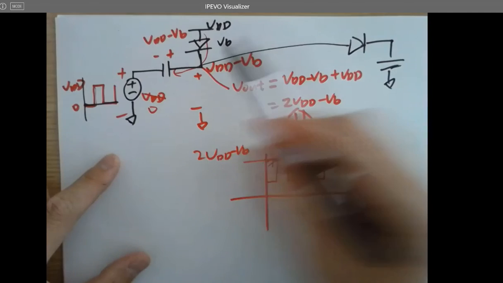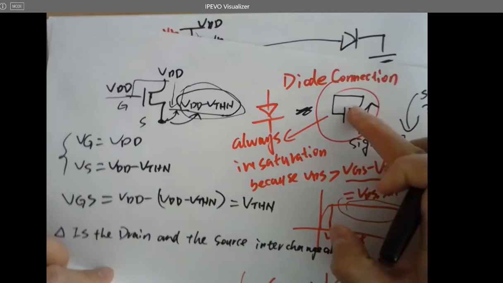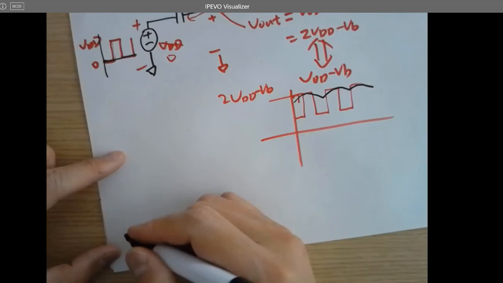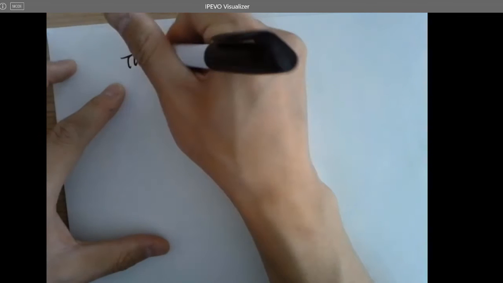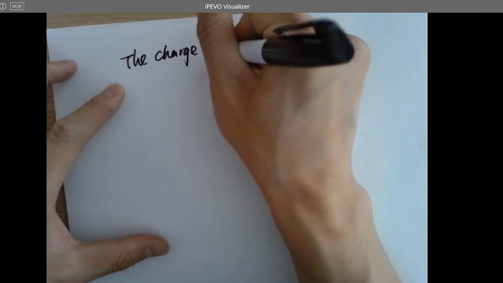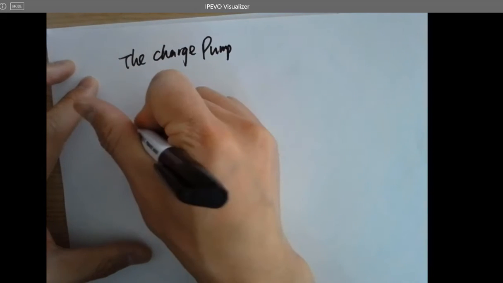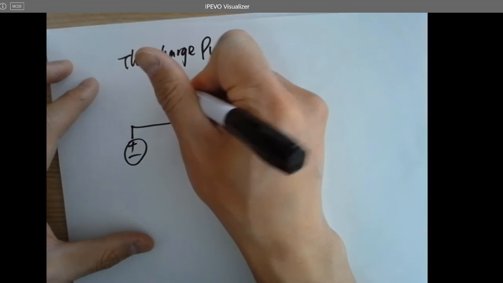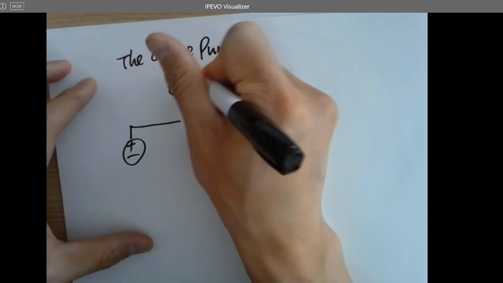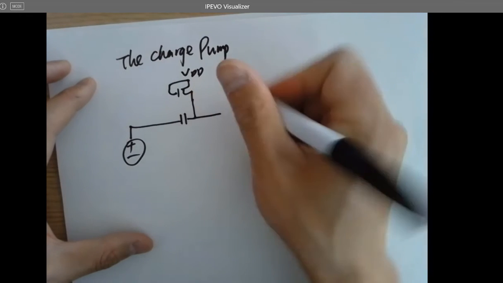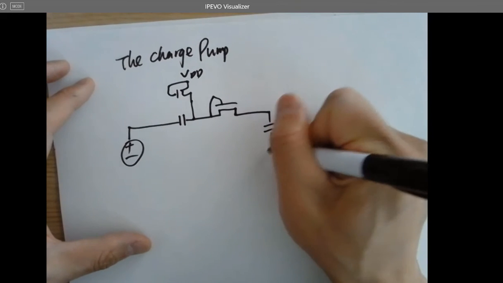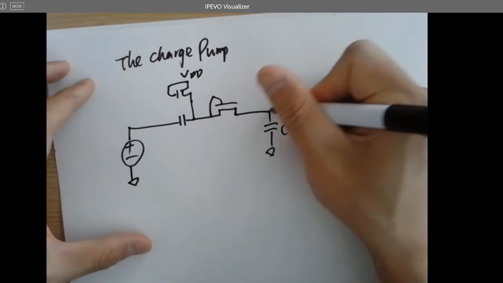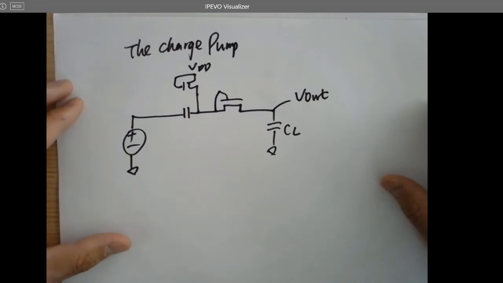If we replace this diode using our diode connected NMOS, then we can form a charge pump. So that's a circuit for the charge pump.